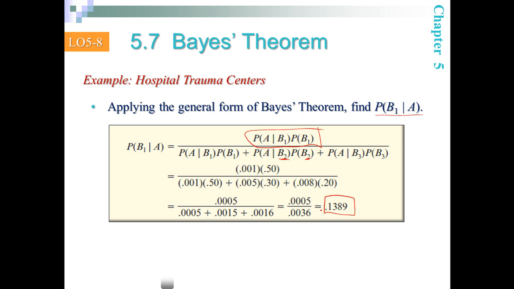So how does that differ? Well, what was the prior probability? Prior probability for B1 was 0.5. So given this information that there is a lawsuit, we can revise the probability assessment of the event B1 taking place.